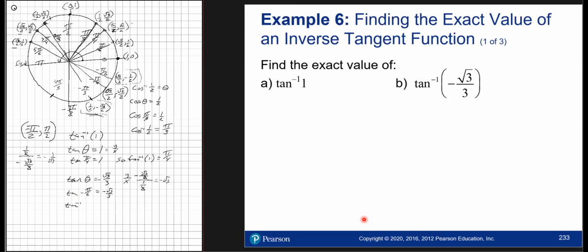So the tangent inverse of a negative square root of 3 over 3 equals a negative pi over 6 or 5 pi over 6.